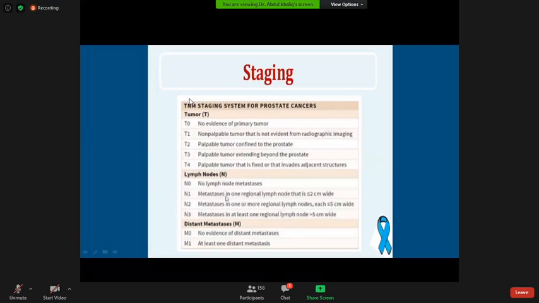For lymph nodes, N1 is metastasis to one regional lymph node, size less than 2 centimeters. N2 is metastasis to one or more regional lymph nodes, size less than 5 centimeters, and N3 is metastasis to regional lymph nodes of more than 5 centimeters. For distant, M0 is no evidence, and M1 is at least one distant metastasis.